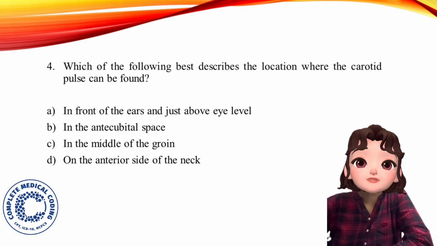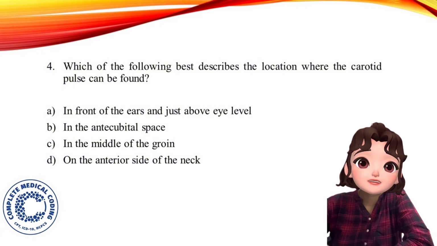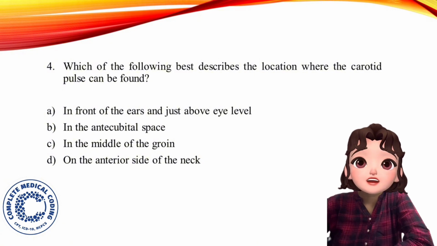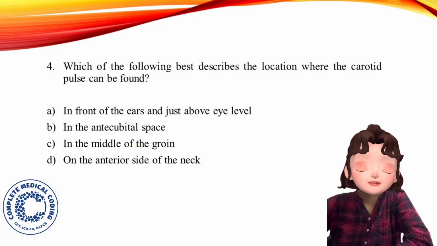Moving to the fourth question. Which of the following best describes the location where the carotid pulse can be found? I'll read out the options for you. In front of the ears and just above eye level, in the antecubital space, in the middle of the groin, on the anterior side of the neck.